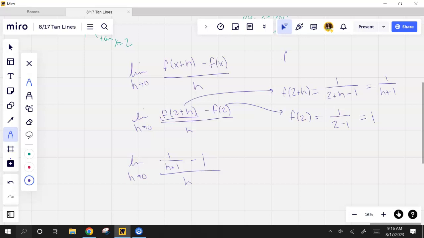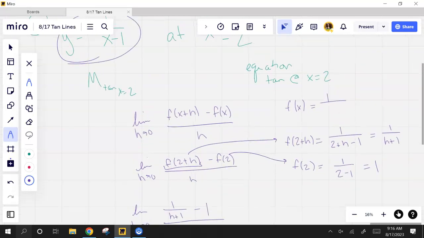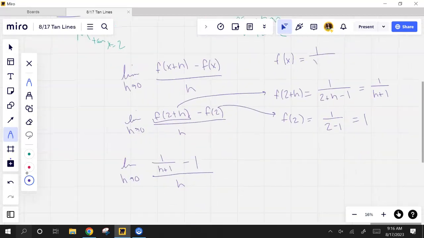I remember f of x is 1 over x minus 1. So if I do f of 2 plus h, then 2 plus h will go in for the x, minus 1.